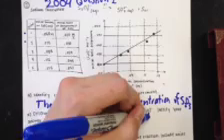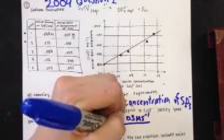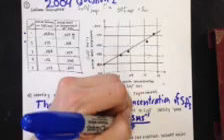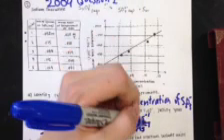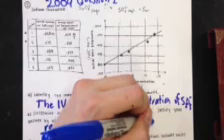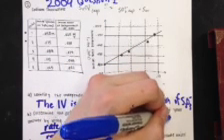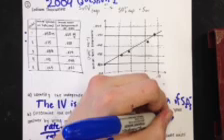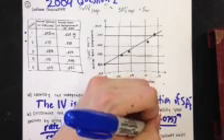using the initial rate from trial 2 over the initial rate of trial 1. And then the initial concentration of 0.075 over the initial concentration from trial 1.